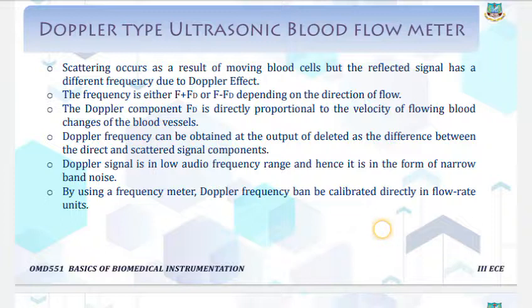By using a frequency meter, the Doppler frequency can be calibrated directly in flow rate units.